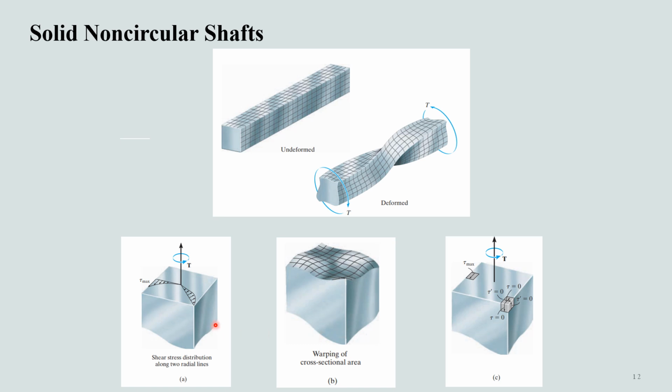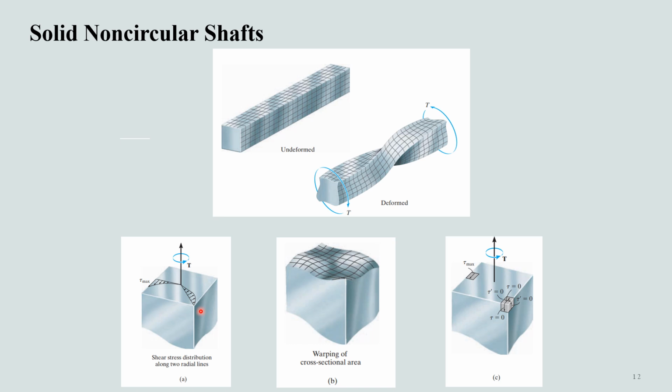Basically, using theory of elasticity, it is possible to determine the shear stress distribution within a shaft of square cross-section. An example of this shear stress variation on a square cross section can be seen here.